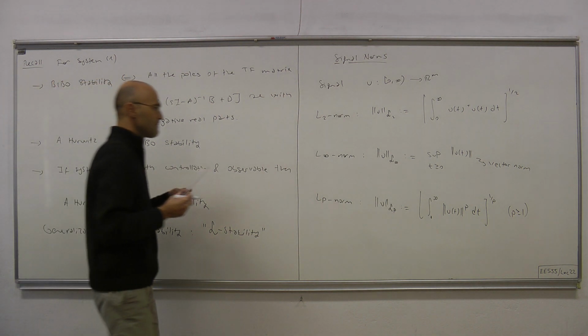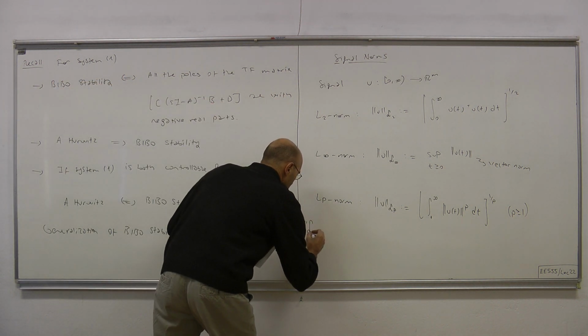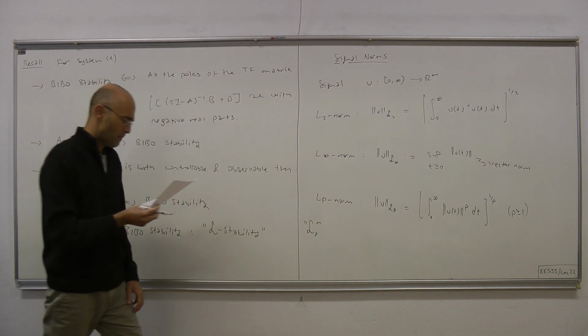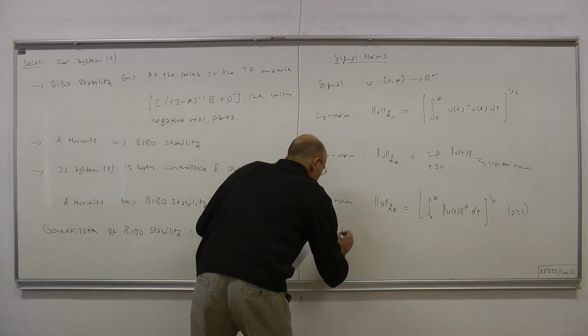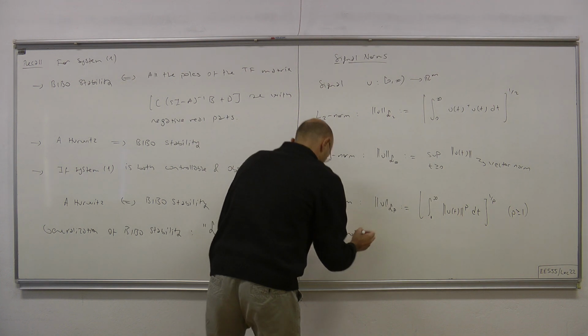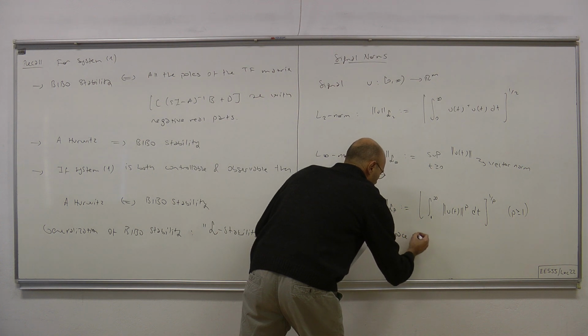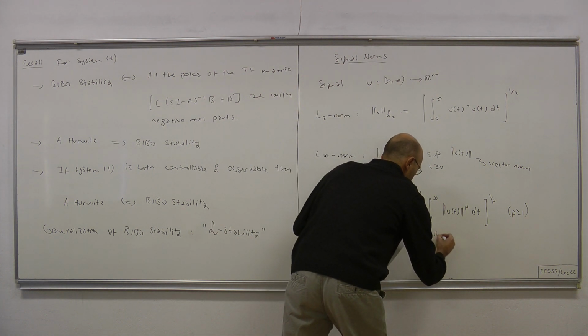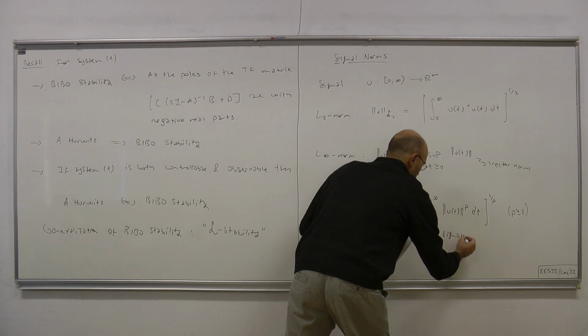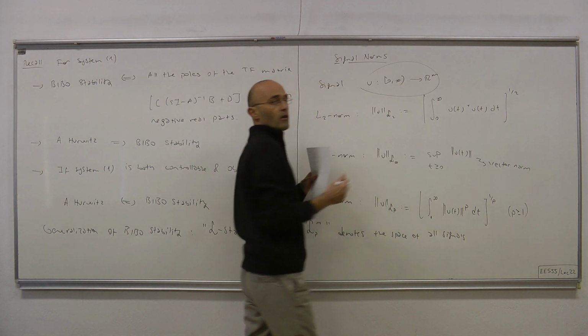And one more definition. L_p, and then as a subscript you put n. This notation denotes the space of all signals of this form, u from 0 to infinity to R^n.